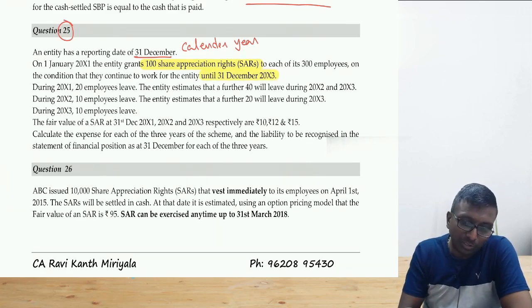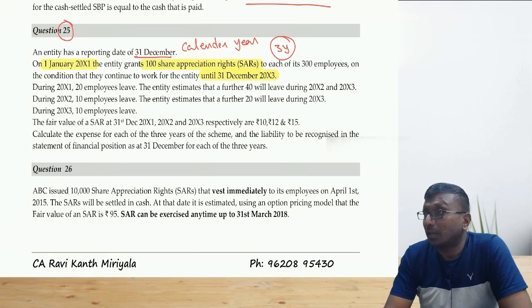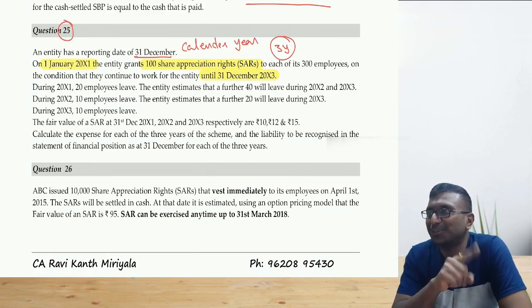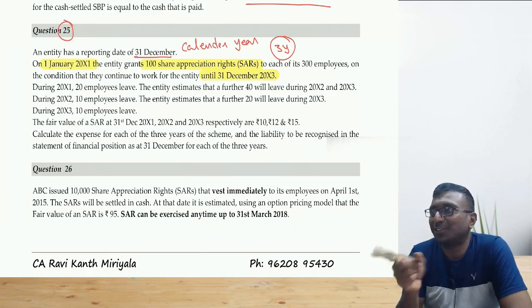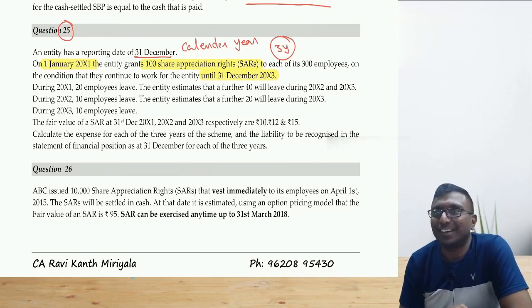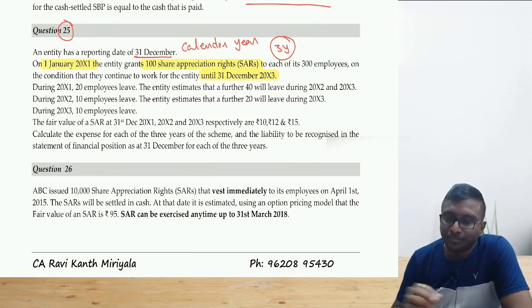This 2003 means how many years here? 2 years or 3 years? 3 years. Calendar year means dangerous, because from 1st January 2001 you can't take 2003 minus 1 is equal to 2. No, this is 1st January. The danger, be careful.